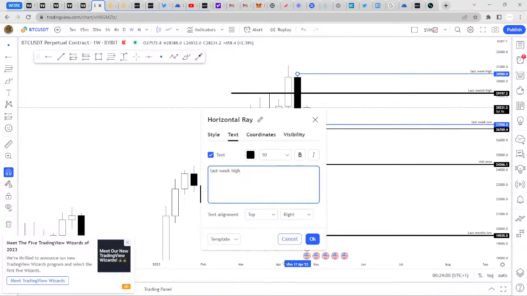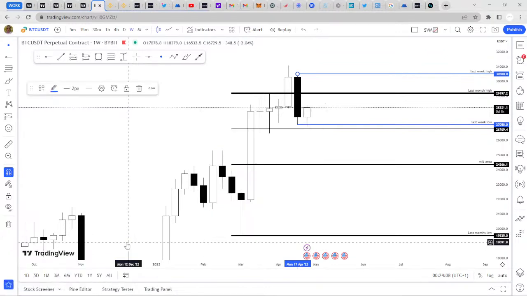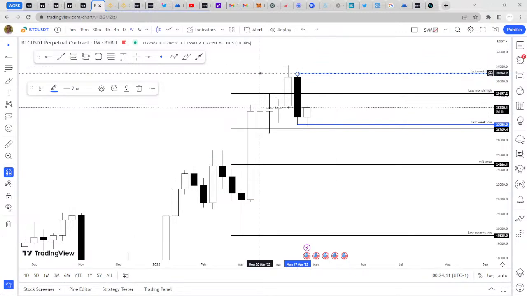If you're doing analysis, you don't necessarily have to label it. If you can easily figure it out without labeling, no problem. I like labeling my own, so I can easily identify it. That's why I always label it. So I already mapped out last week's high and last week's low, right? So let me pick out the mid range of that area.